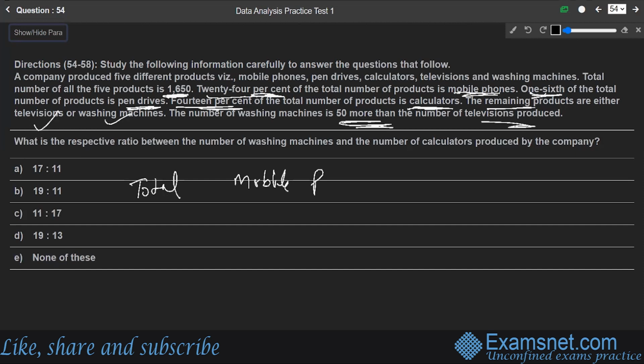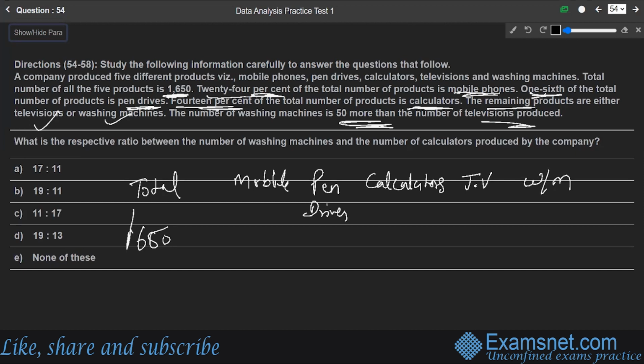Then another column can be made for pen drives, another for calculators, another for televisions, and the last one for washing machines. These are the 5 items in which the things are distributed. Let us see the first one. He's saying the total is obviously 1650 as stated in the question. 1650 is the total number of devices, products.